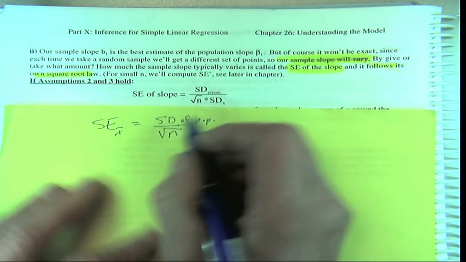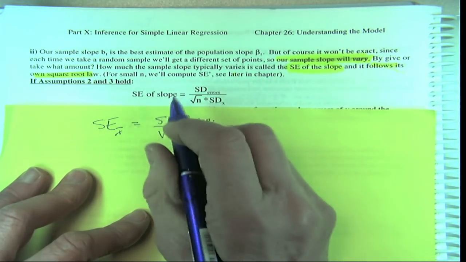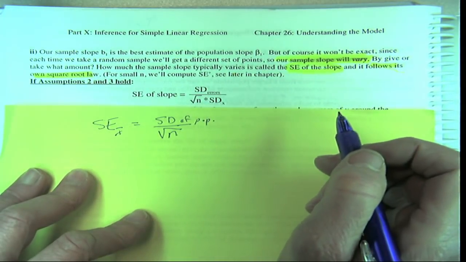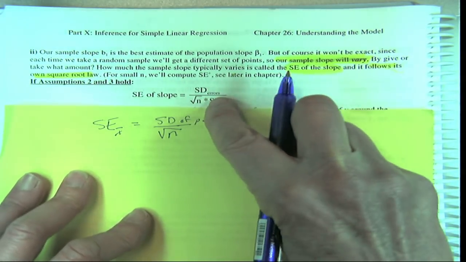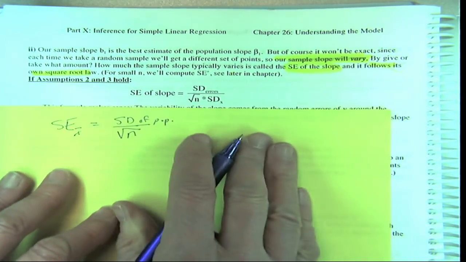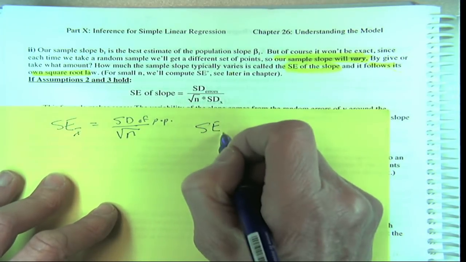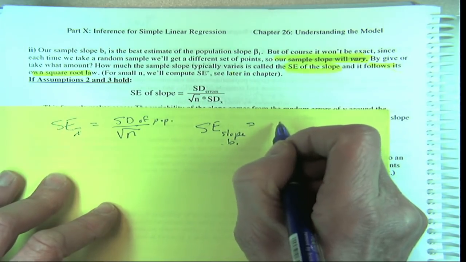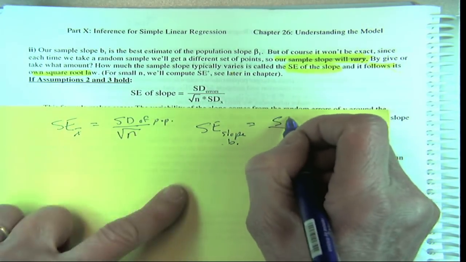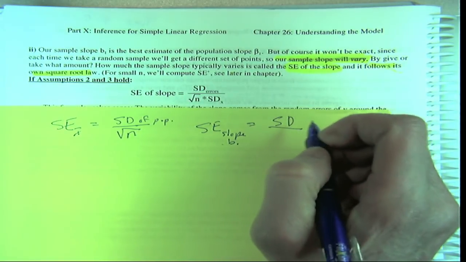Now we have our own standard error of the slope that's going to be very, very similar. What's it look like? You'd think it would be, this is just intuitive, the standard error of the slope, or of B1, is going to be the scatter, the standard deviation in the population around the regression line.